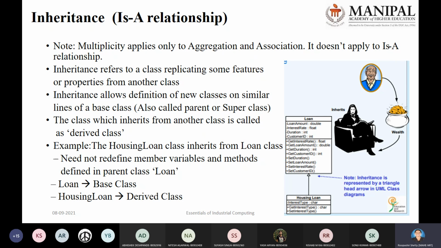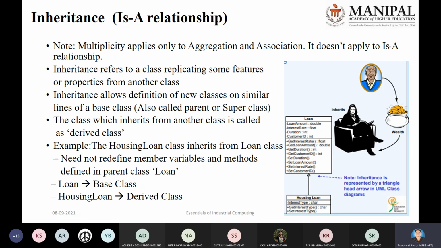Inheritance refers to a class replicating some features or properties from another class. It can use some of the features, or of course it can use all the properties of loan class, or whatever is required from the loan class. So inheritance allows definition of new classes on similar lines of the base class.